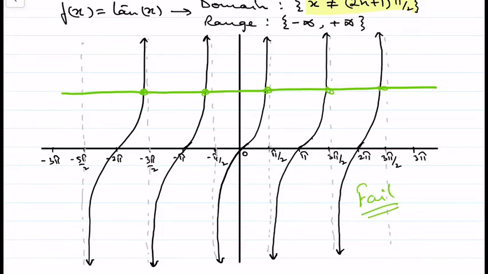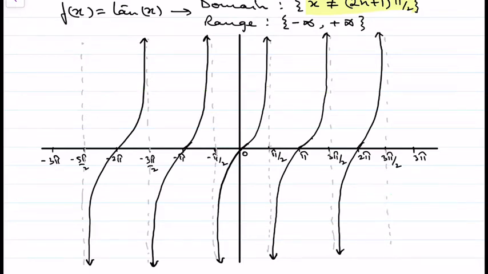So this function will not have an inverse unless we restrict or reduce the domain of this function so that within that interval it passes the horizontal line test. So let's first take the interval between minus 5 pi by 2 to minus 3 pi by 2 and see if it passes the horizontal line test, and we can see that it intersects only at one point, so it will pass the test.